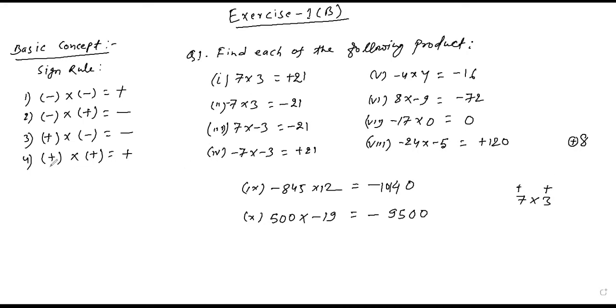We know that plus into plus gives plus only. So first we multiply the signs, plus into plus, plus. Now multiply the numbers. 7 into 3 gives 21. So plus 21. Whether you write plus 21 or simply 21, both are correct, because in 21 also the plus sign is hidden. For a positive number, it's not necessary to write the plus sign before it.